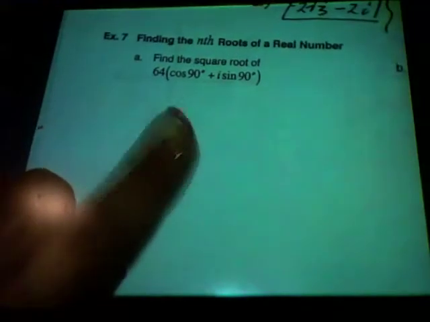Is this any different at all? This one's interesting. Why don't you try B. B's a little bit harder.